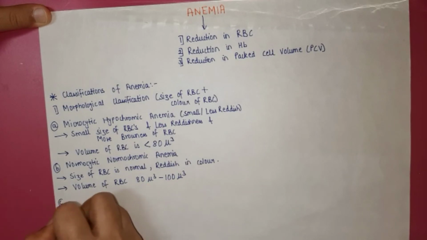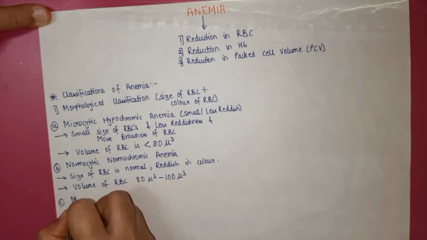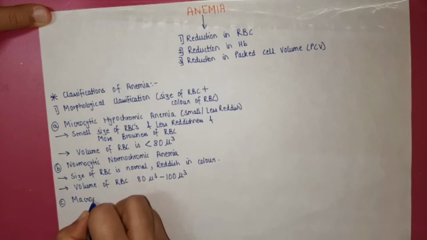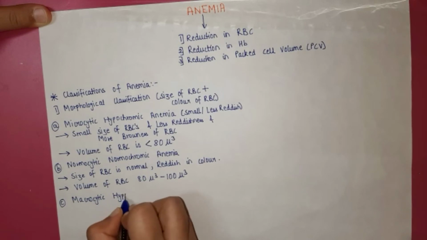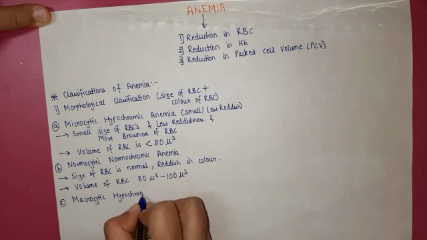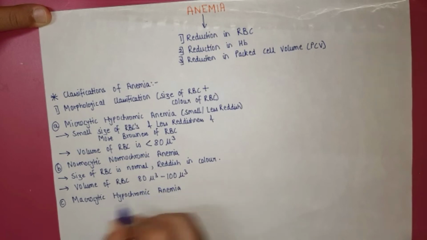And the last type in this morphological classification is macrocytic hypochromic anemia. Now macro means large in size and hypochromic means less reddish in color.